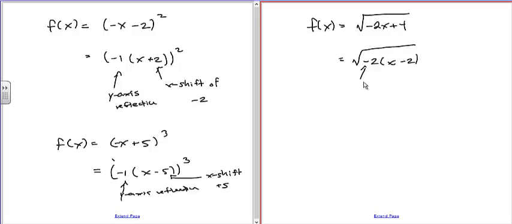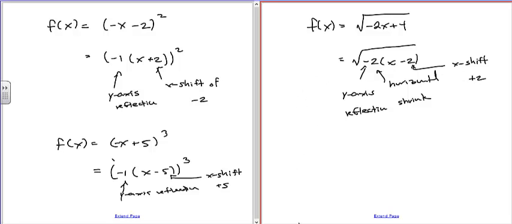So the negative sign here means y-axis reflection. This says it's a horizontal shrink, and this number here says an x shift of plus 2.